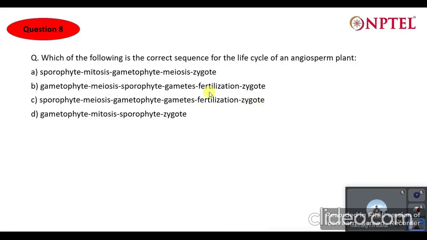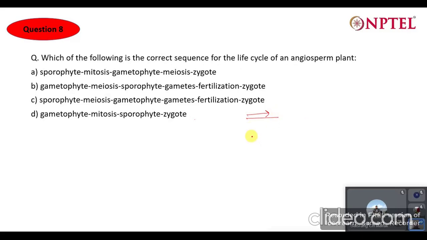Which of the following is the correct sequence for the life cycle of an angiosperm plant? An angiosperm is a plant that can have sexual reproduction.